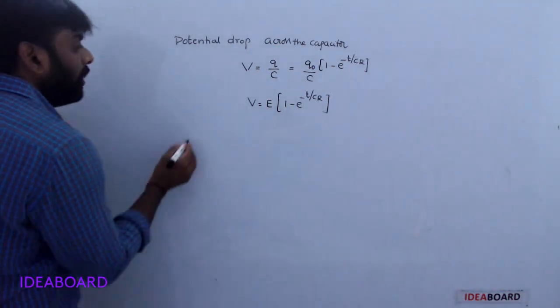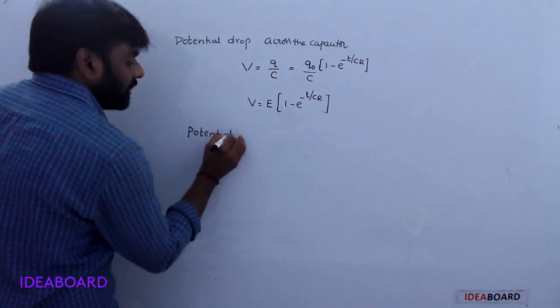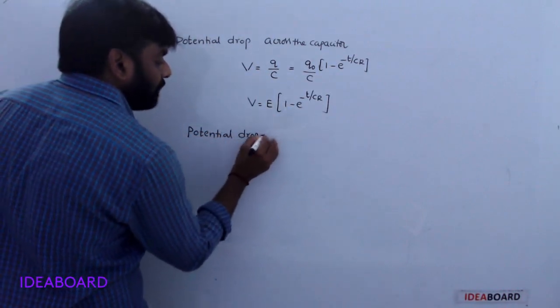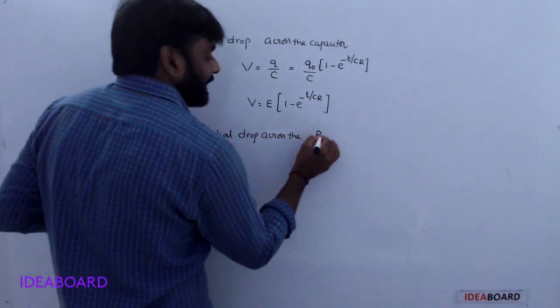Now, potential drop across the resistor.